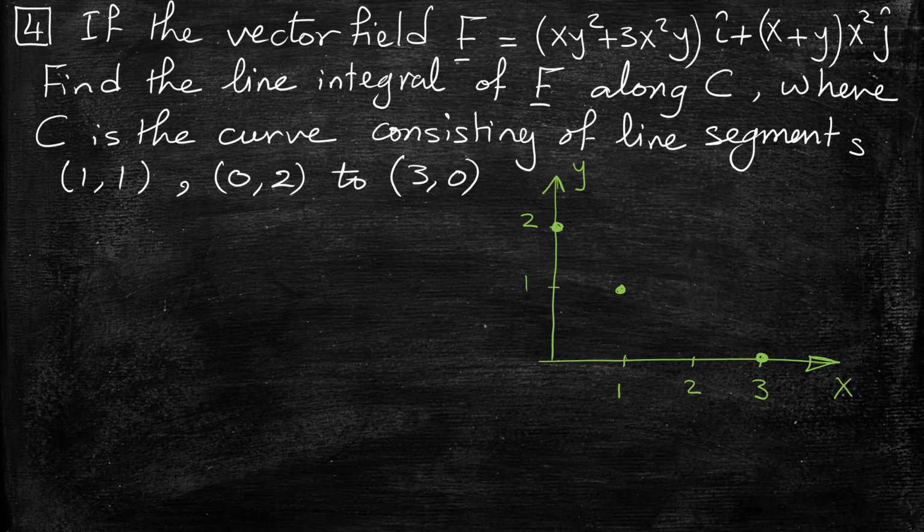So here again, we need to move forward from the line segments 1 and 1, 0, 2 was the first, and then moving back to this one. So this is our starting point. This is the start, and this is the end.